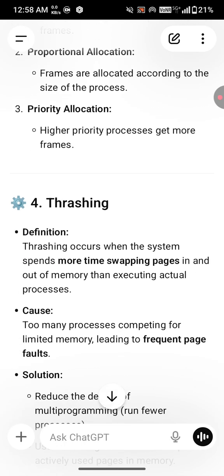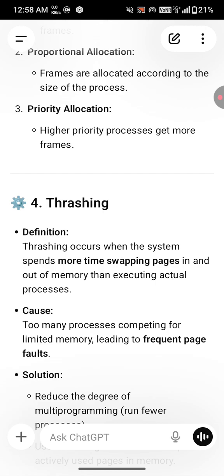So now comes thrashing. Thrashing occurs when the system spends more time swapping pages in and out of memory than executing actual processes.